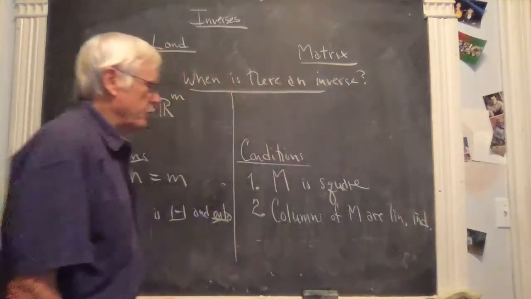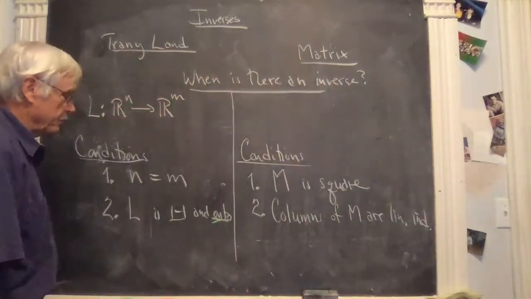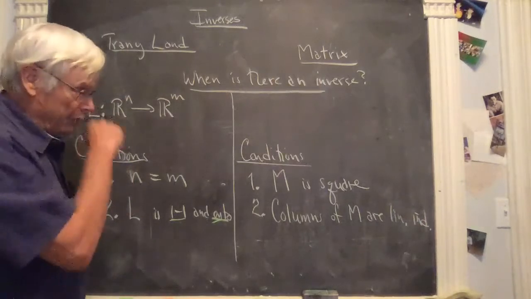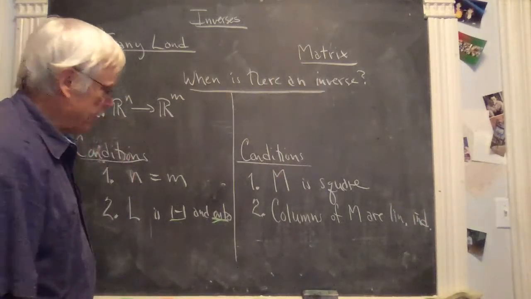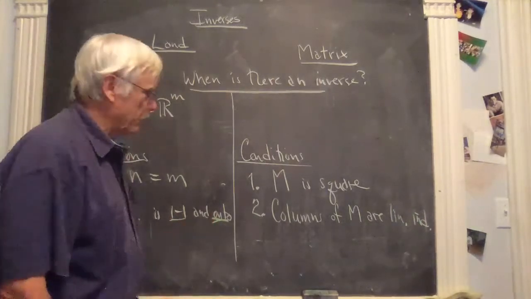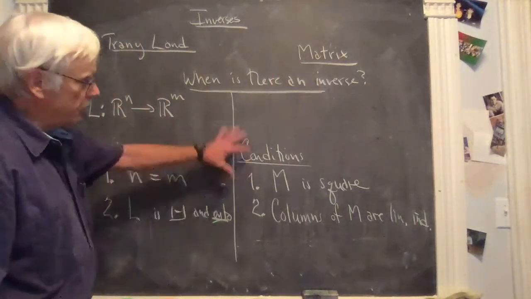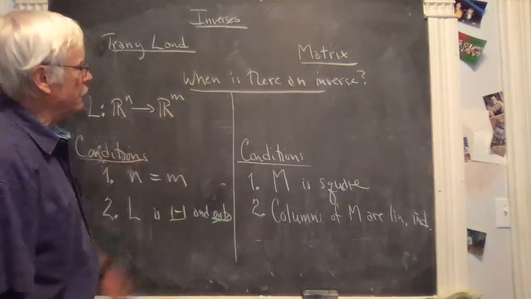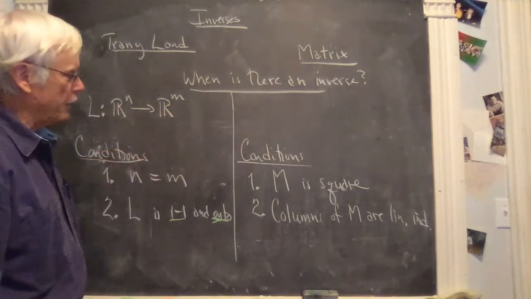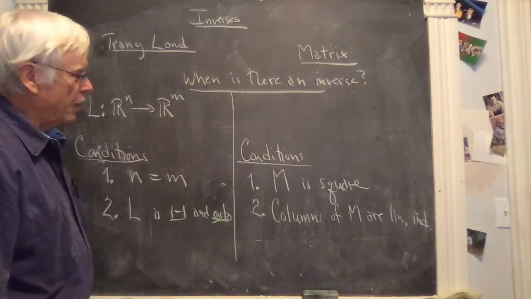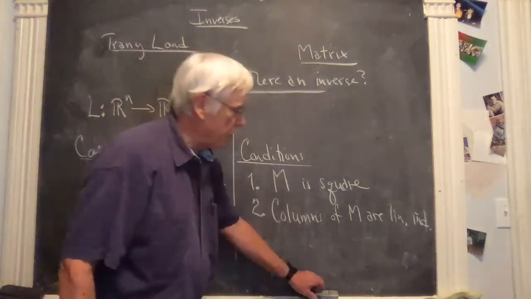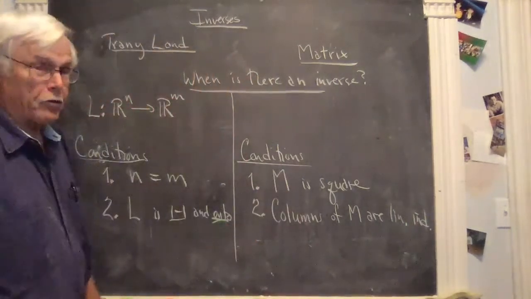If the columns are not independent, then the function is not 1-to-1 and onto. So this is the situation when we're looking for an inverse. And if these are satisfied, then the matrix does have an inverse.